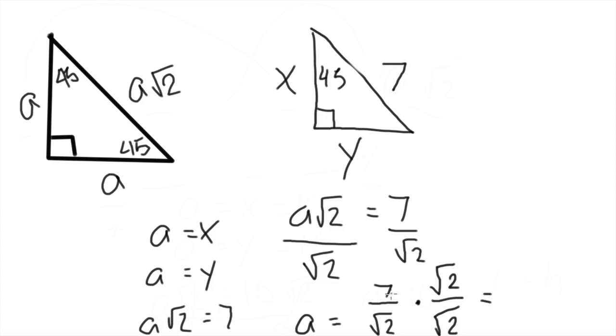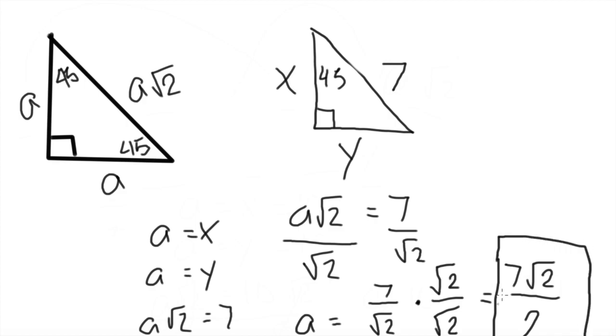So on top, we're going to get 7 times the square root of 2, and on the bottom, we're going to have square root of 2 times square root of 2, which is just 2. So we get that a is equal to 7 root 2 over 2. So that tells us that x is also equal to 7 root 2 over 2, and y is also equal to 7 root 2 over 2.